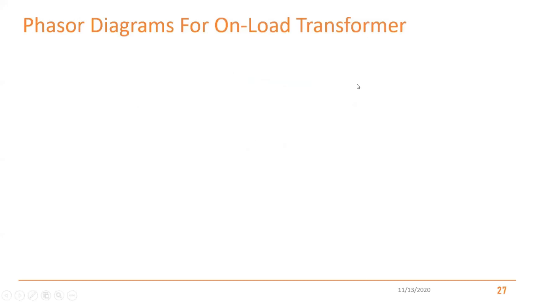When you draw, you have to consider three conditions. The load can be inductive, resistive, or capacitive. Depending on that, the phasor diagram is a little different. Now first try to draw the phasor diagram. Consider the reference as the flux phasor.